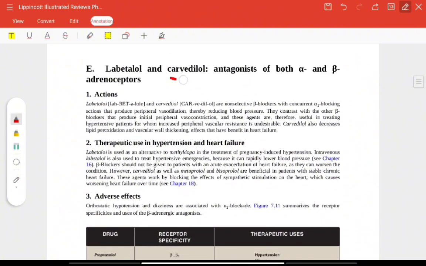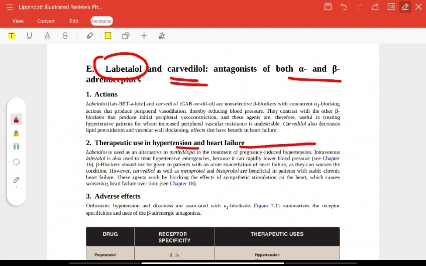Now, labetalol and carvedilol. They are antagonists for both alpha and beta receptors, non-selective. For therapeutic uses, labetalol is used as an alternative to methyldopa in the treatment of pregnancy-induced hypertension. But the drug of choice for pregnancy-induced hypertension is still methyldopa.